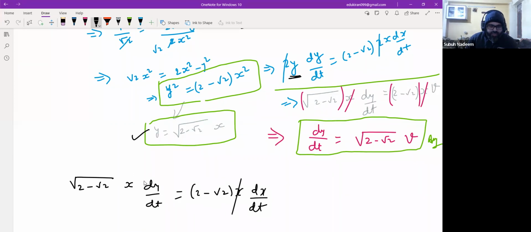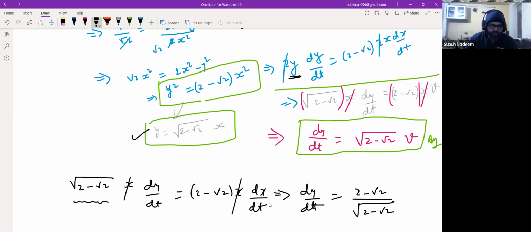So this x will get cancelled from both the sides, and dy by dt will be equal to 2 minus root 2 upon square root of 2 minus root 2. This particular term will go in the denominator.